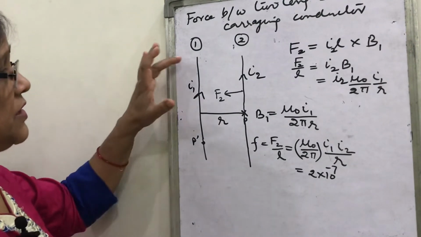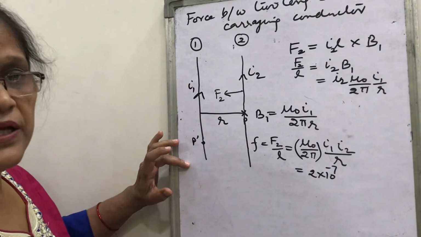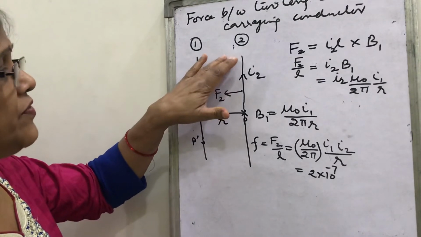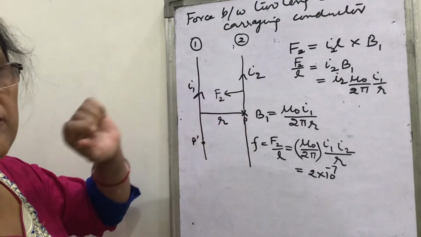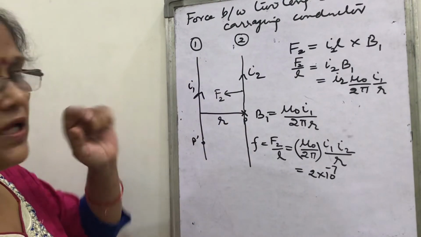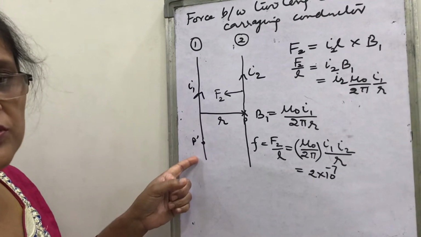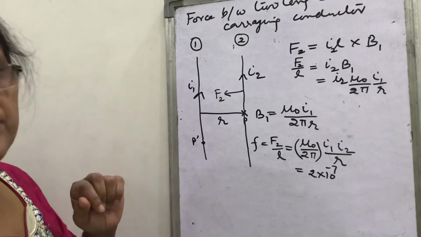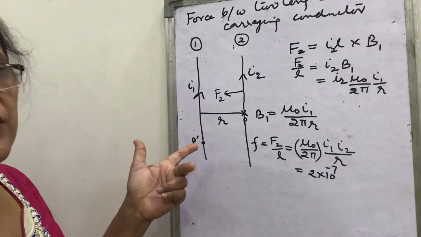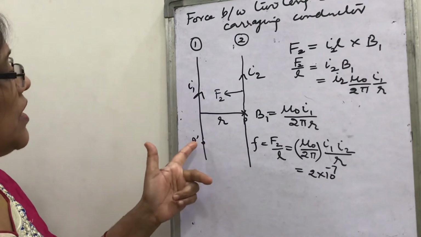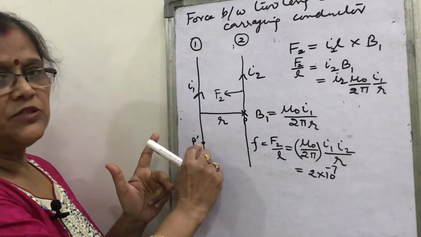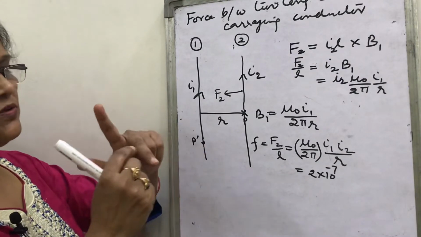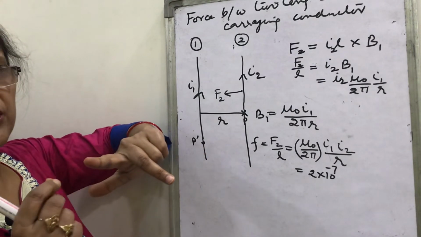Now this wire will be supposed to be placed in the magnetic field created by the second wire. Hence it will also experience a force. How will you determine the direction of force? Using Fleming's left hand rule. Now the magnetic field at P dash is upward, so you keep the forefinger upward.